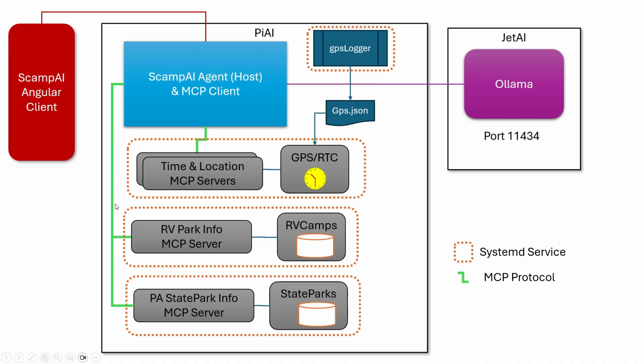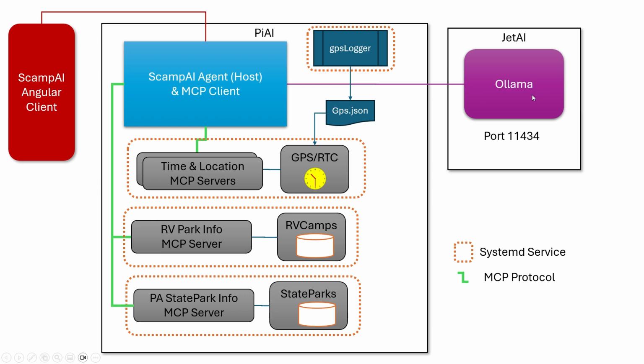So that's one of the services. The other service will be a general service to get RV parks, so not state parks, but RV parks that are a certain distance away as well. I'm going to have about 4 states worth of RV parks, but again, they'll be exposed as an MCP server, and this agent will be able to make use of these tools, as well as the LLM.